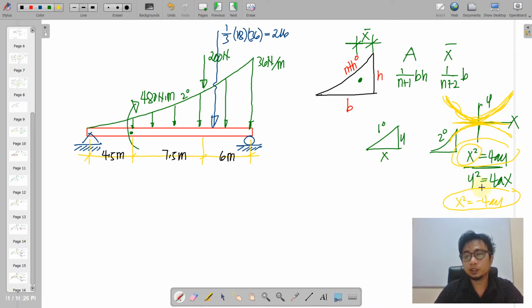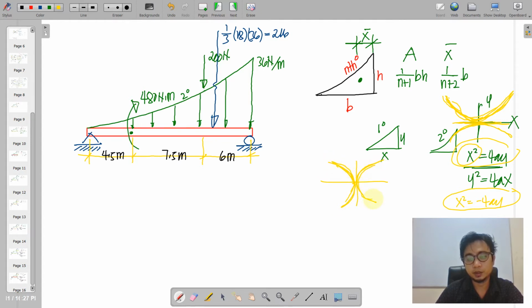How about y squared is equal to 4ax? Now this time the variable squared is y. That is why the bending on this equation is either concaving rightwards or concaving leftwards.